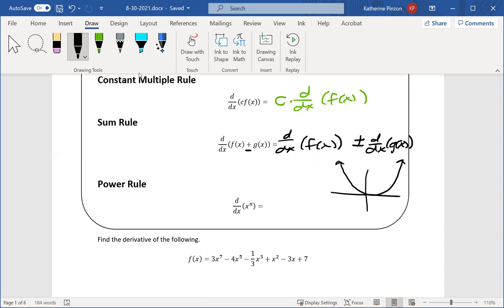Right here at 0, the bottom of the parabola, what do you expect the derivative to be? 0, yeah? Is the derivative over here going to be a big negative number or a small negative number? Big. So it starts at big negative numbers, gets closer and closer to 0, then goes back up to big positive numbers. The derivative of this function looks a lot like this.